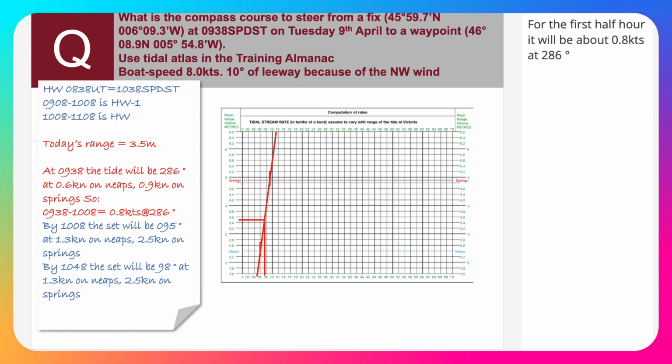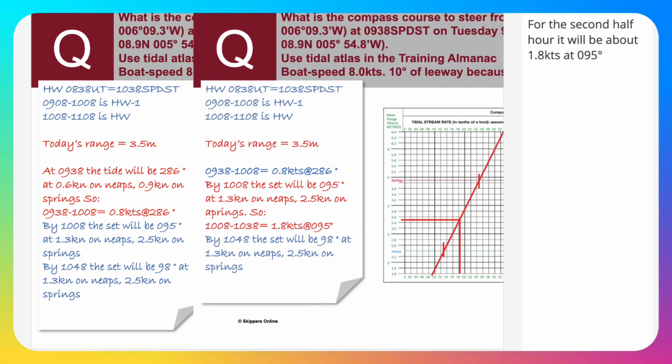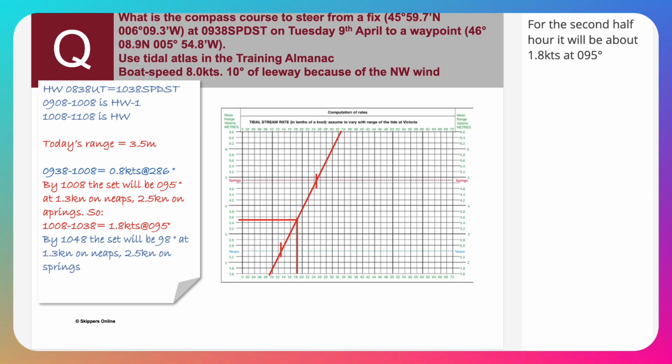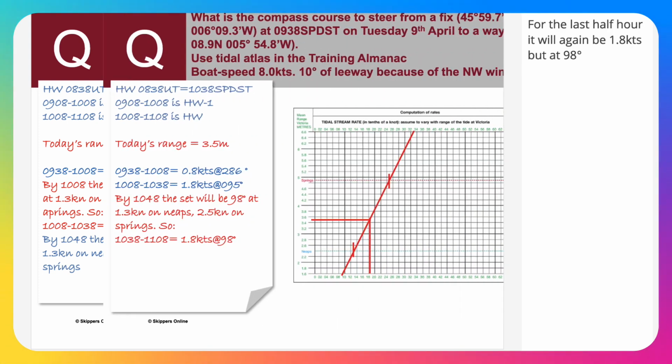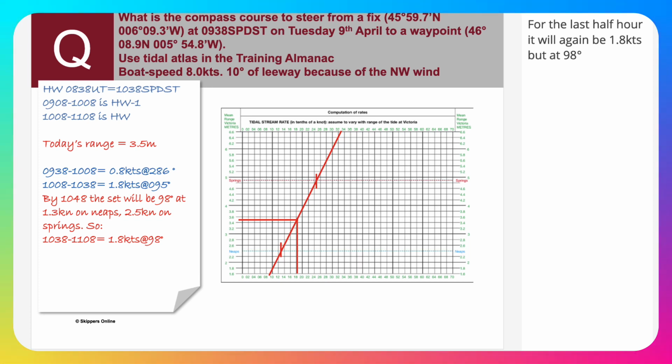For the first half hour it will be 0.8 knots at 286 degrees. For the second half hour it will be about 1.8 knots at 095 degrees. For the last half hour it will again be 1.8 knots, but at 98 degrees.